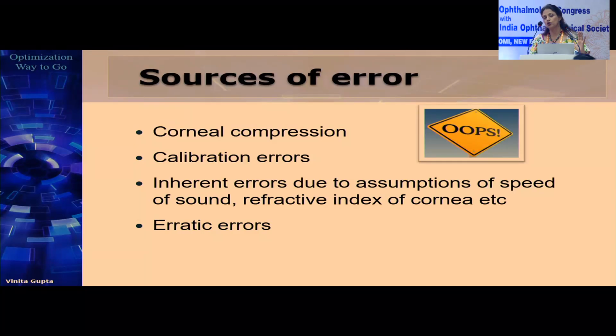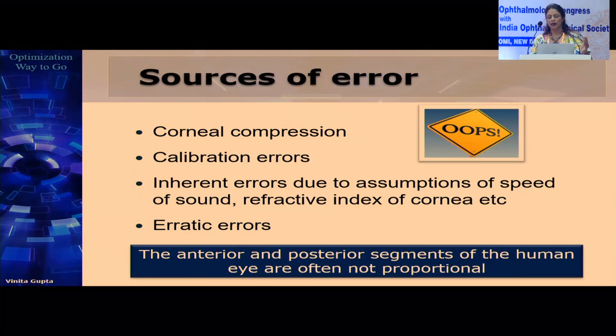So what are the other sources of error? Besides the measurement errors like corneal compression and calibration errors, there are certain inherent errors which we are presuming, like the speed of light, the refractive indices, and certain erratic errors which I'll be listing. Remember, every patient's anterior and posterior segments of the eye are not exactly proportional.